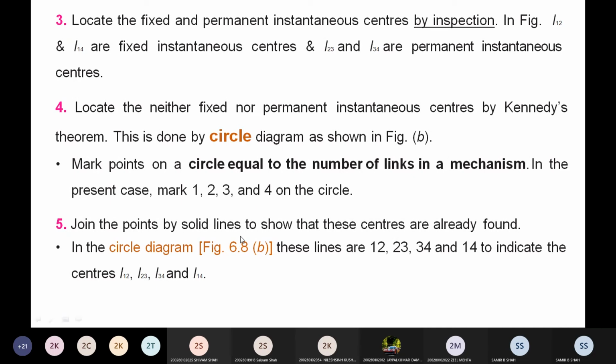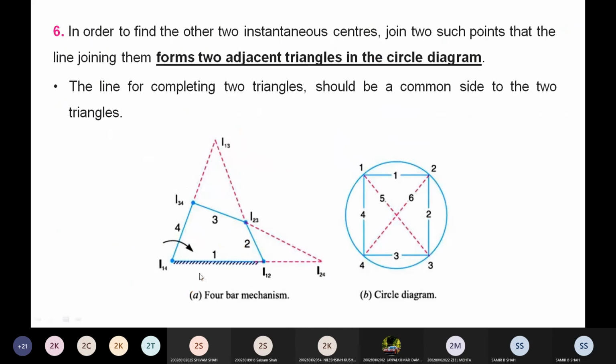Join the points by solid lines to show that these centers are already found. In the circle diagram, the lines are considered as 1-2, 2-3, 3-4, and 1-4. As we know that it is a four-bar chain mechanism, I can indicate 1 here, 2 here, 3 here, and 4 here.